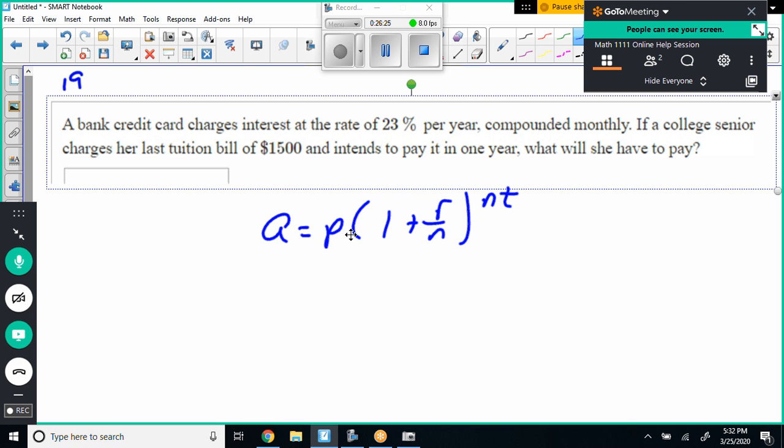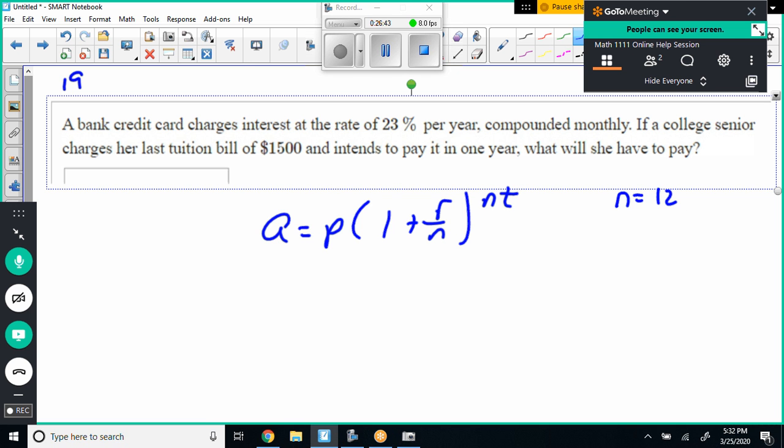P is the initial amount, that's the principal. A is the final amount, right? R is the interest rate, and T is time in years, right? The n is the number of compoundings per year.